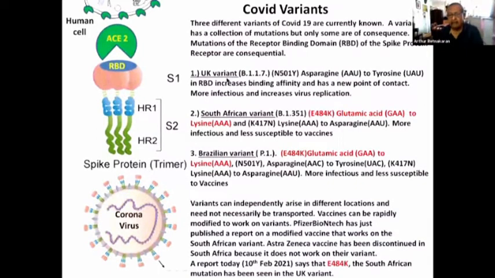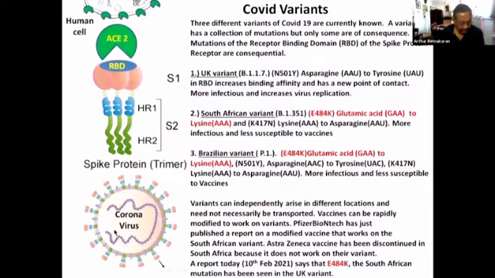The UK variant has one amino acid change. It's asparagine to tyrosine. Now, you know this virus genome, it's just a long bead of bases. And you can count the number of bases and you number them 1, 2, 3, 4 and so on.